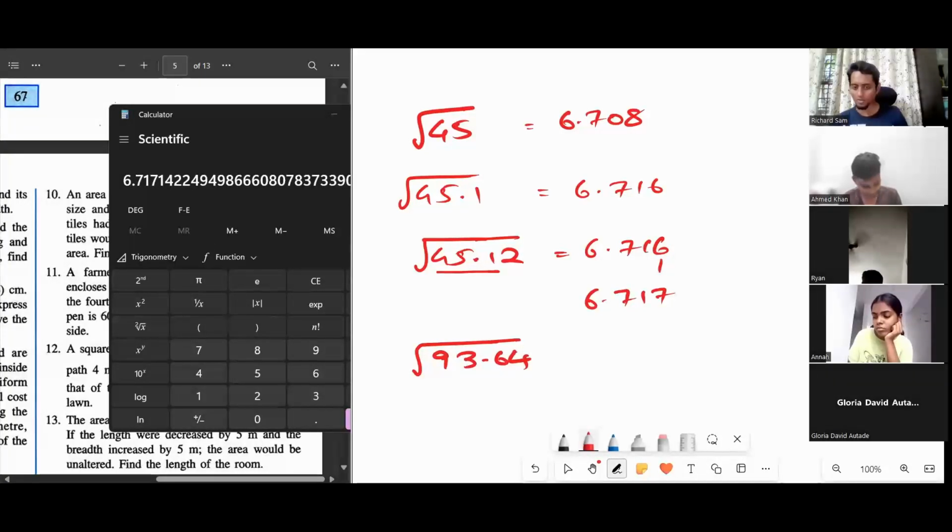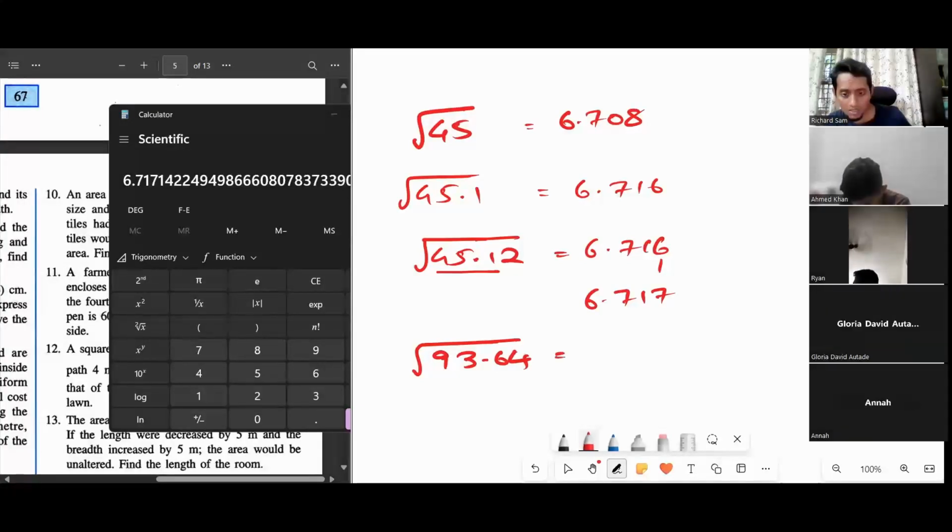Do you have this at the back of your book? 93.64. What's the answer? 9.677.